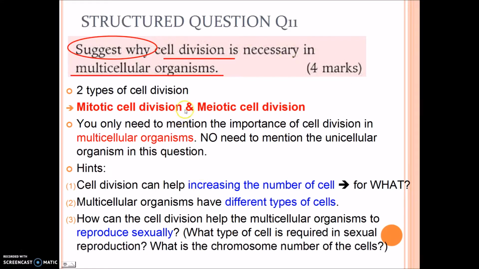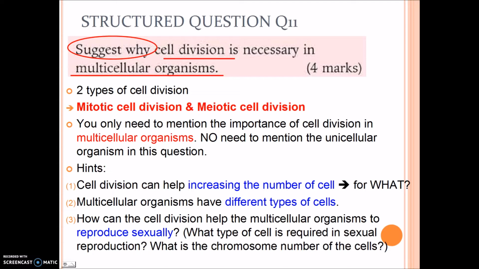So that is question 11. Remember that it is 4 marks. But it must not necessarily be 2 plus 2, 2 marks for mitotic cell division and 2 marks for meiotic cell division. It may be 3 plus 1. So try your best to answer the significance, to tell me the importance.